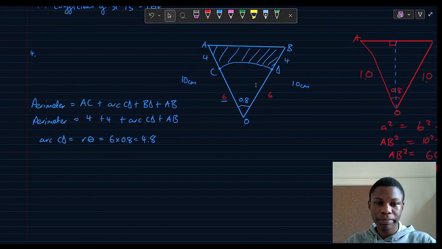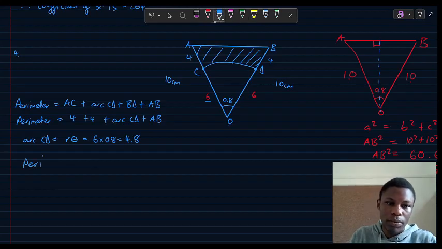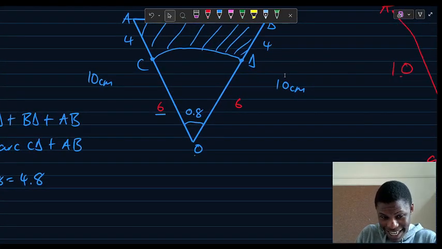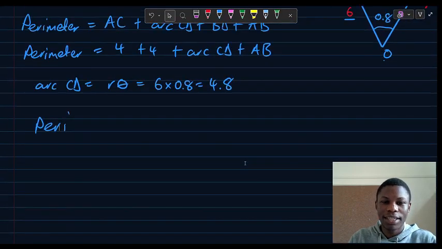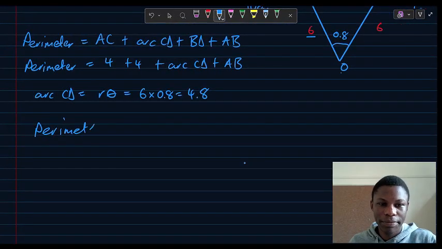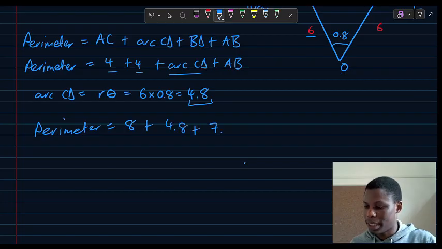All right. So now we have everything we need to find our perimeter, right? Our perimeter, if I can zoom in. Okay, there we go. Our perimeter is equal to 4 plus 4, which is 8, plus arc CD, which is our 4.8, plus AB, which we just evaluated to be 7.7884.